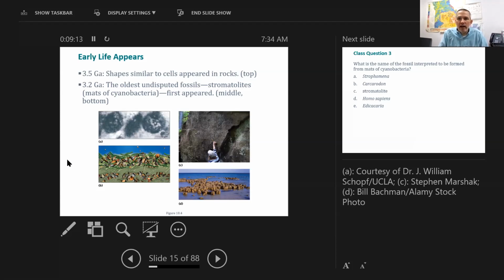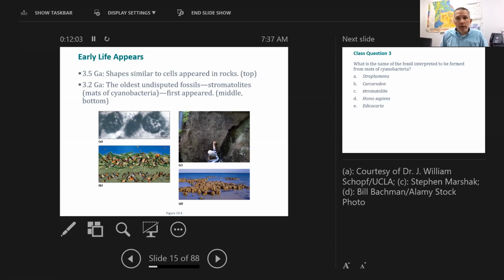So when we start having life occurring in the Archean, this is not the diversity of life that we find today. A lot of the life in these regions is found in samples called stromatolites, which are mats of cyanobacteria. Now, just like all bacteria, these bacteria are prokaryotes, which means that they don't really have a defined nucleus.